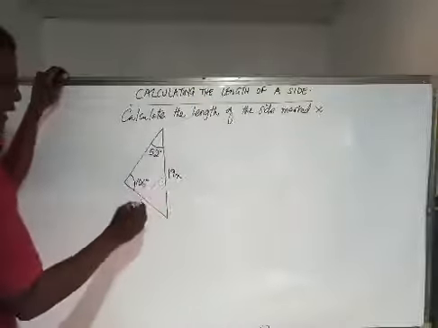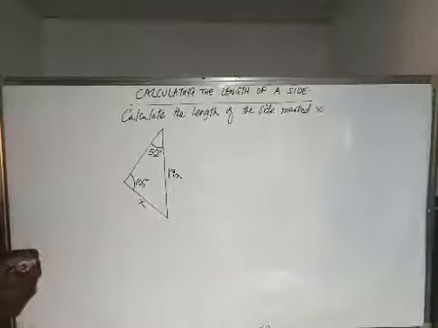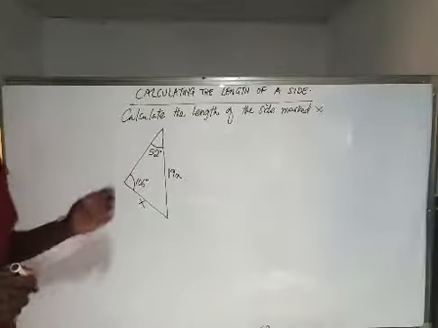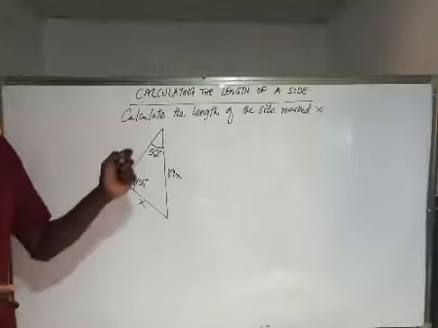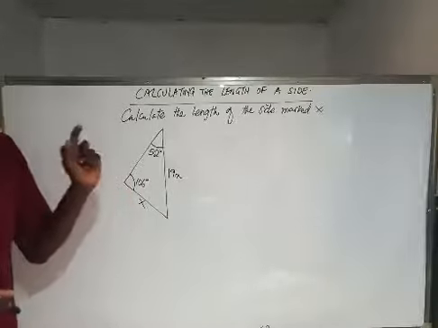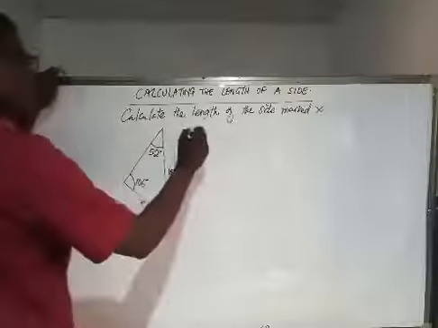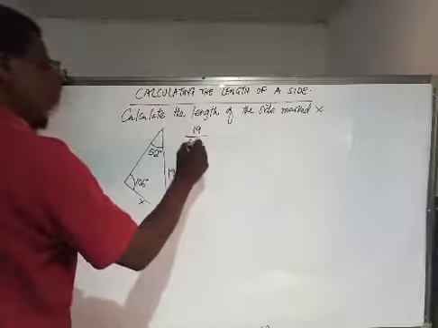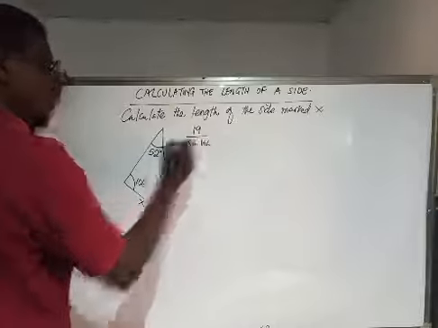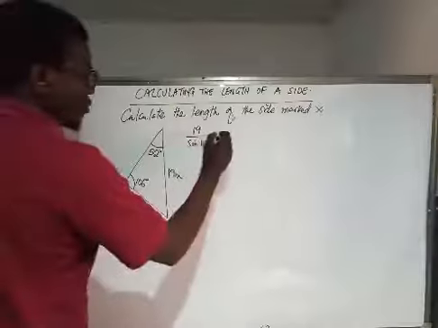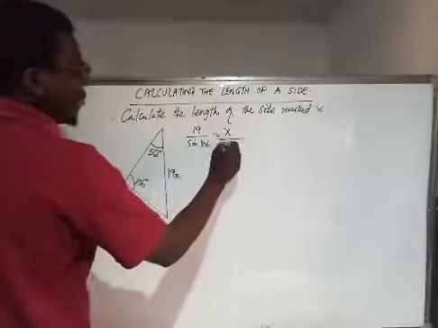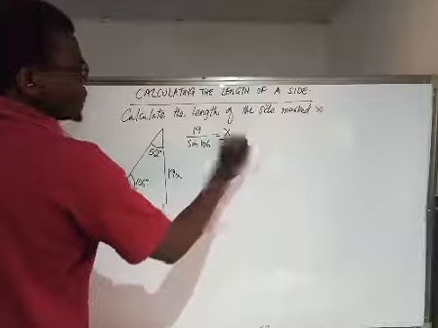And then I want to find the length here, the side marked X. The same process: I'm going to identify a side with its corresponding angle and compare them. I start with the side that is complete, 19, compared with sine 106, equal to the side X, compared with sine 52.